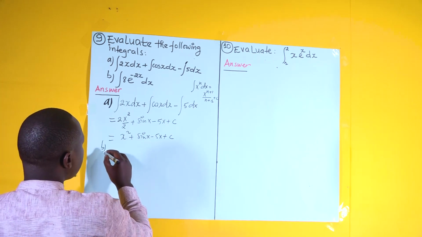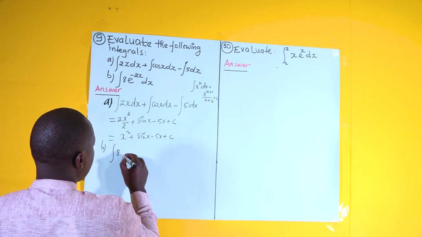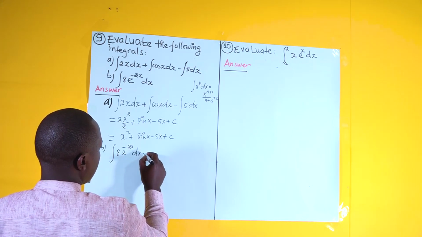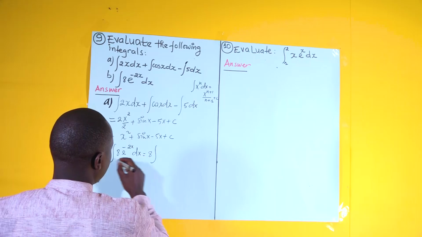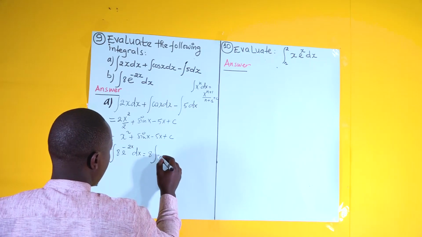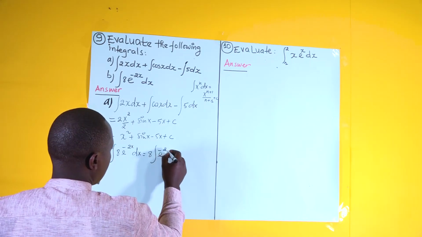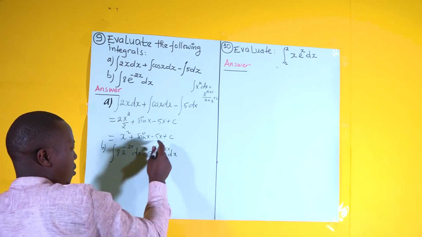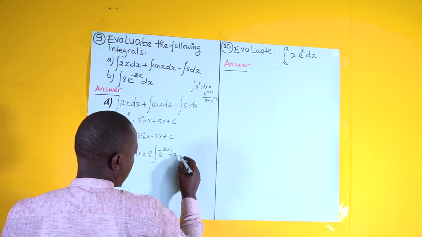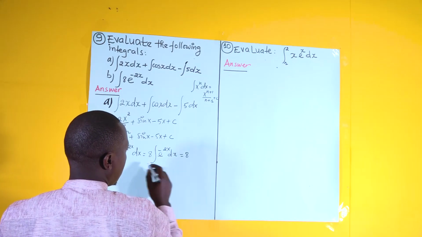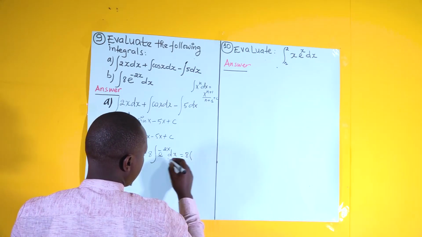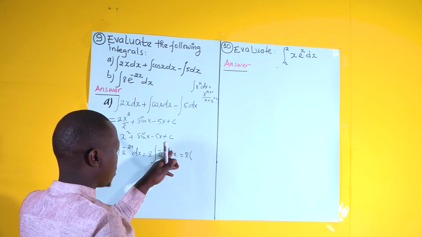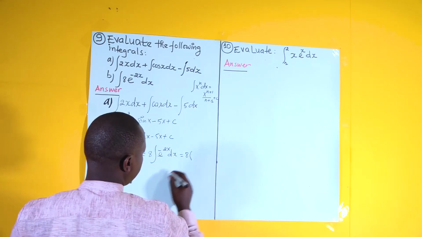B, integration of 8e to the power negative 2x dx. 8 is in front, times integration of e to the power negative 2x dx.